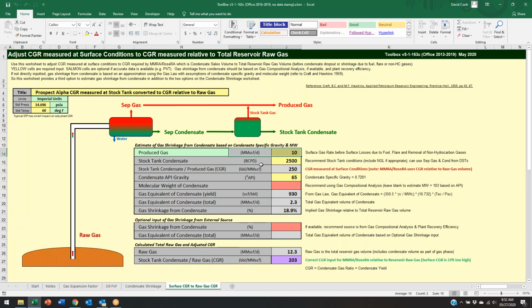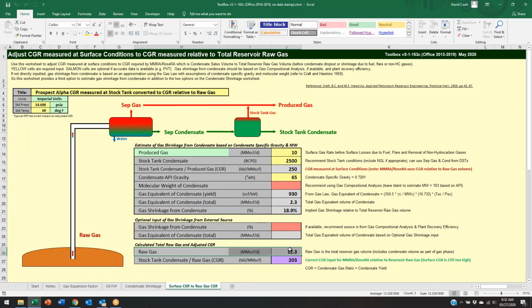And so what this does, based upon your inputs and a captured API gravity or molecular weight, is it will suggest that the raw gas, when this condensate, 2,500 barrels, is put back and converted in the reservoir into gas, then there would have been over 12 million cubic feet per day.